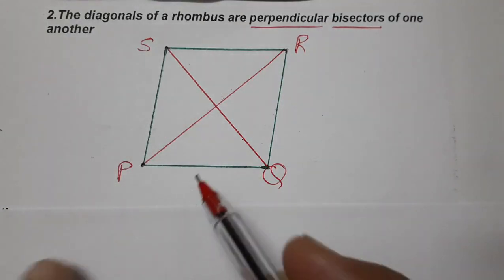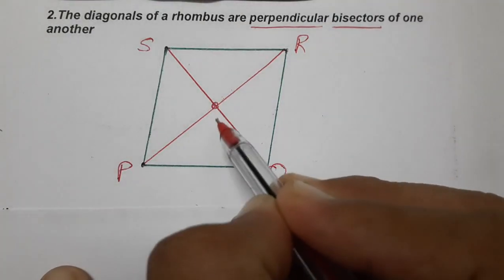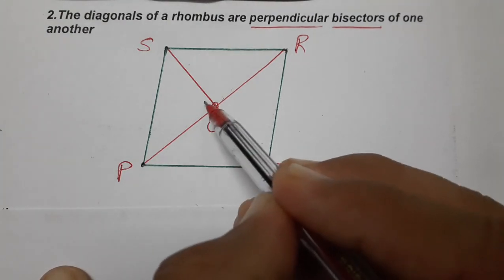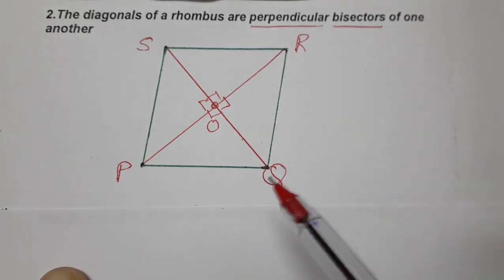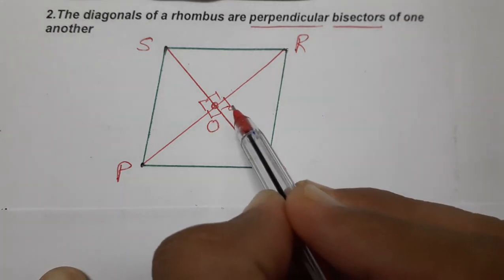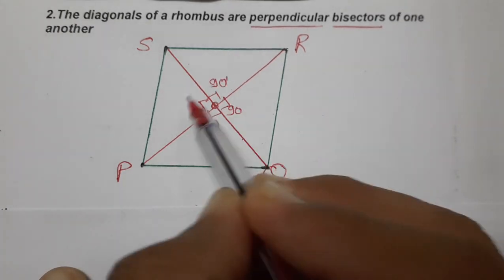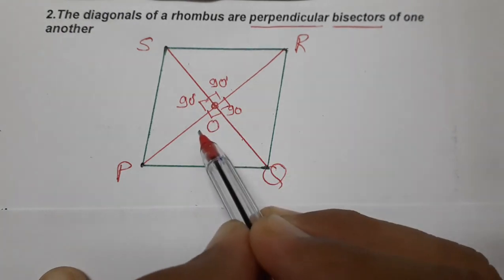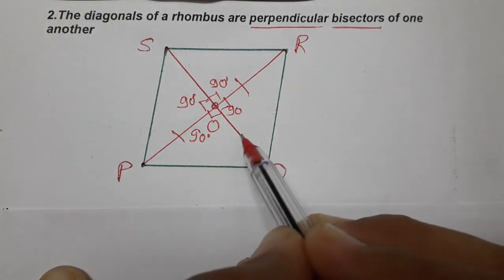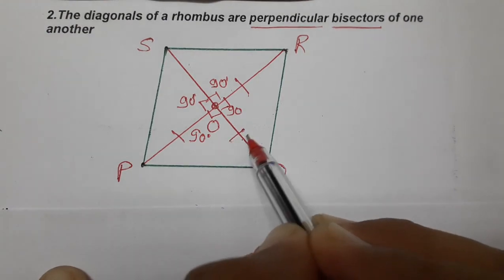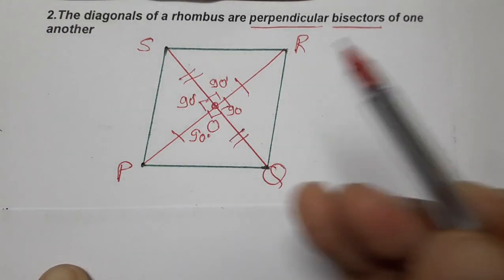These are the two diagonals. Now, diagonals are perpendicular to each other. That means they are forming an angle of 90 degree here, and all of these are 90 degree. Perpendicular means they are forming an angle of 90 degree, as well as both the diagonals bisect each other.